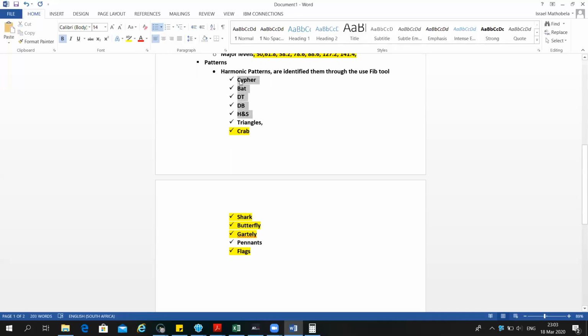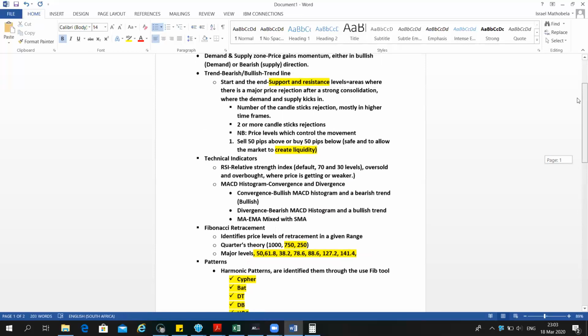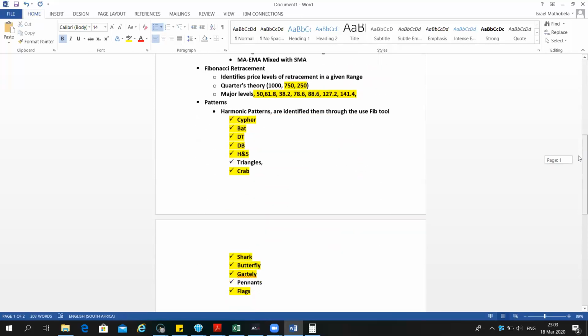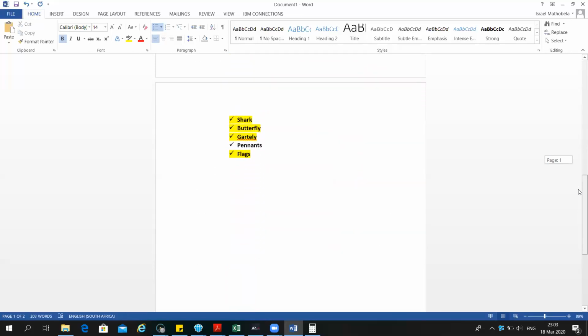Double top and double bottom, you can still use just for entry purposes, right? Like I said, these deserve their own lessons, so I'm just brushing through. You need to understand the patterns, right?